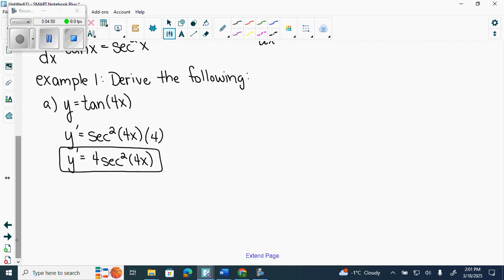Okay, what happens if I give you a number in front? y equals negative 3 cos 2x. When we have that coefficient, remember when you had a number in front of the e to the x, like 2e to the 2x?